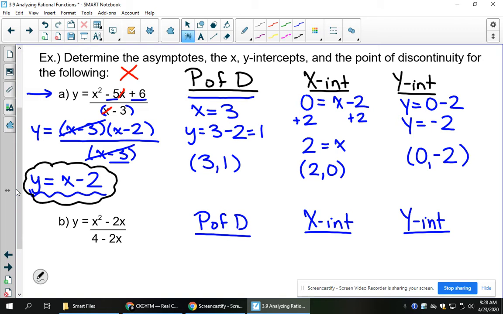Since we don't have x's in the denominator, that means that there are no vertical asymptotes or horizontal asymptotes. We will see an example later on where there are. I'll show you the difference between finding a point of discontinuity, which we had canceling here, and an asymptote, which would be something left in the bottom that doesn't cancel.